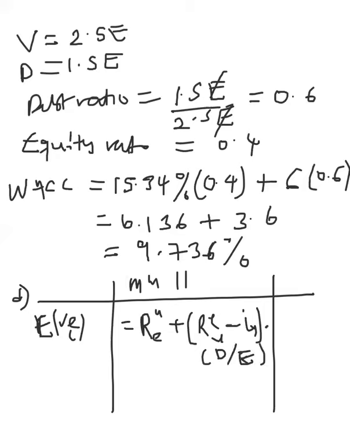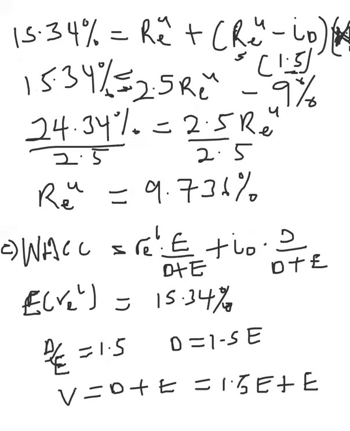So in this case, when debt to equity ratio is equals to 2, let's cross check the RE that we did earlier on. The REU that we had was 9.736.